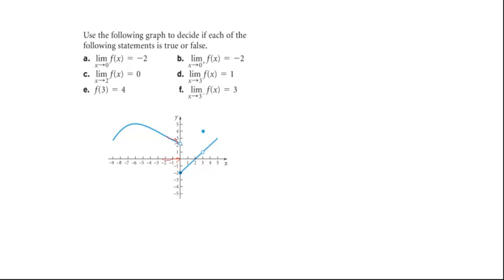And if we approach from the right, we get a limit of -2. So this one is false. Part A does not have a limit. The limit as x approaches 0 of f of x does not exist because we approach two different limits from the left and from the right.